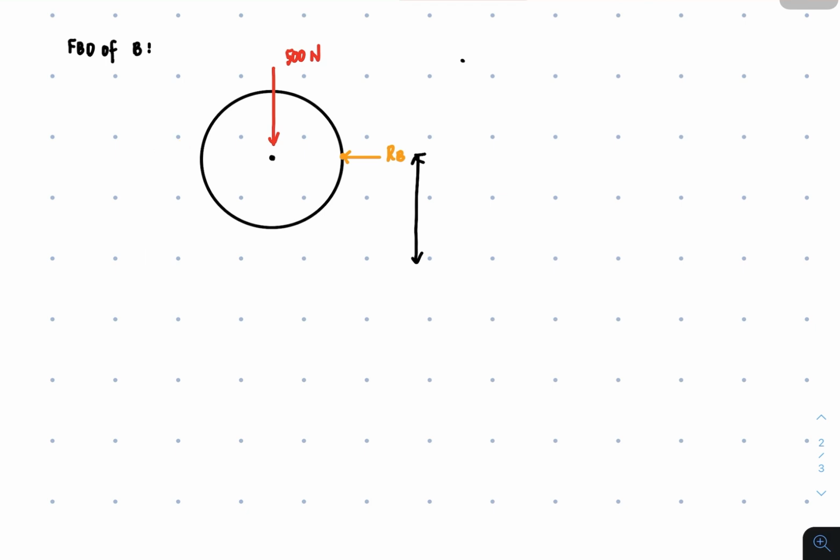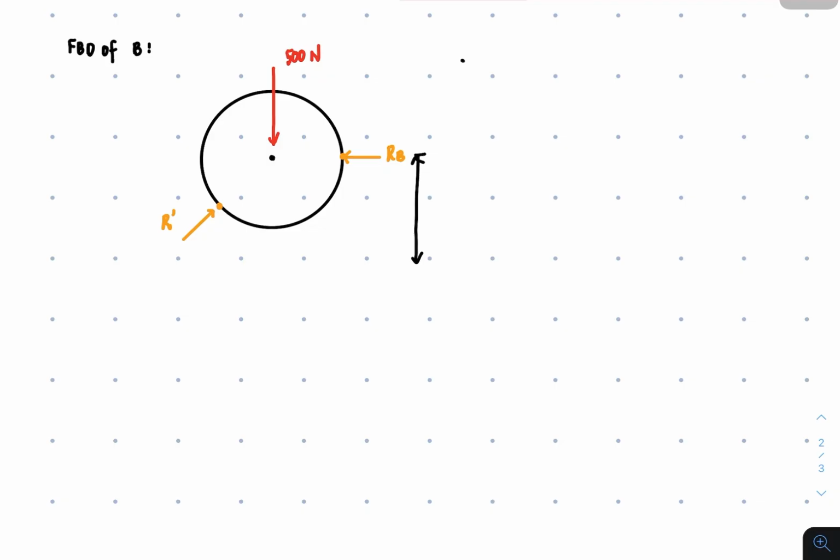Do not forget that there is a contact point here between the A and B sphere, so I'll call this reaction. I'll call that reaction prime.